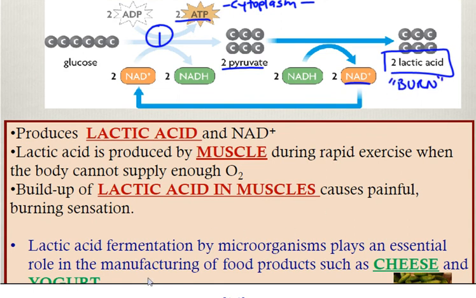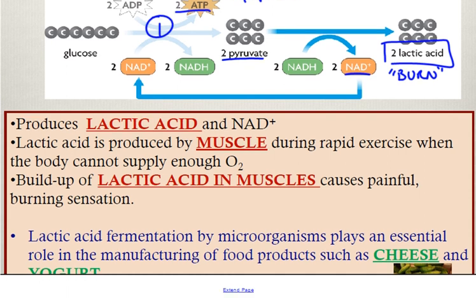When you're doing strenuous exercise and you start to feel cramping or what feels like acid in your muscles, that is lactic acid. So when your body is not supplying enough oxygen, we get into this secondary form of energy production. It's not efficient at all, and we cannot last very long with it, which is why the burn eventually causes you to stop or you're very tired because you run out. And you have to catch up breathing to trigger back into aerobic respiration.